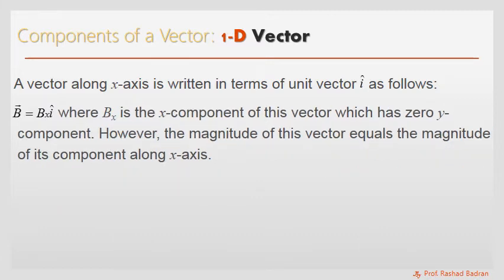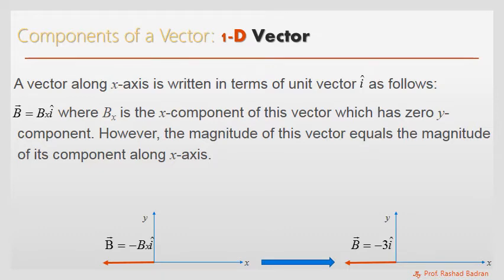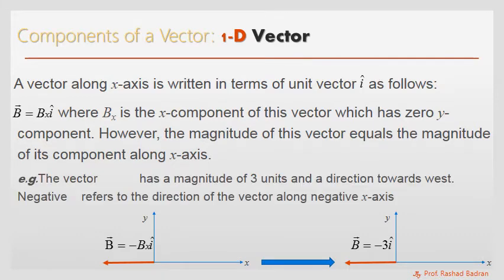If the vector is drawn along the x-axis in the negative x direction, in such case, it is represented by its direction and magnitude, where the magnitude is given as 3 units and i hat having a negative sign refers to the direction along the negative x-axis or to the west.